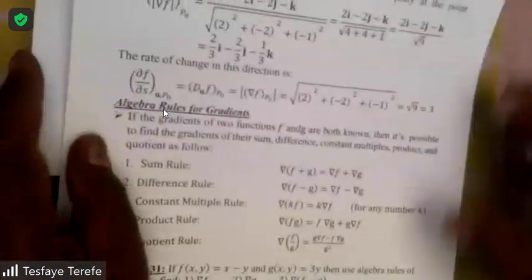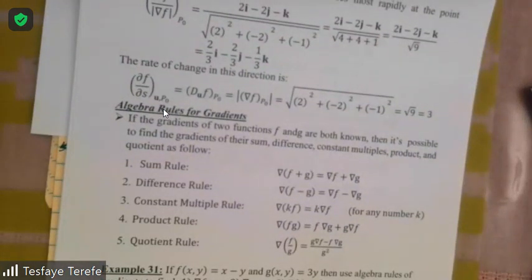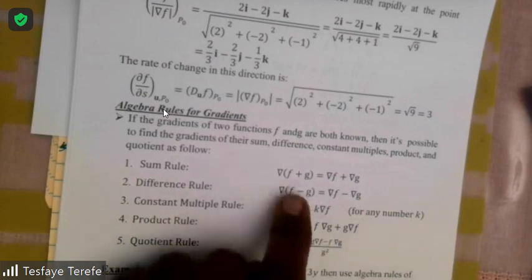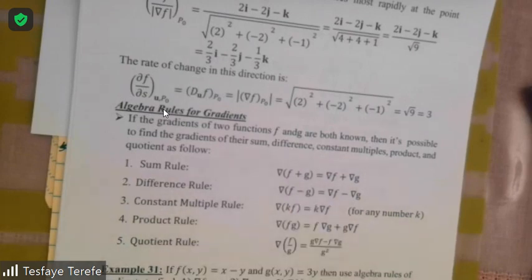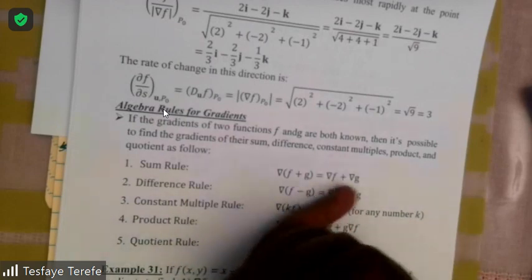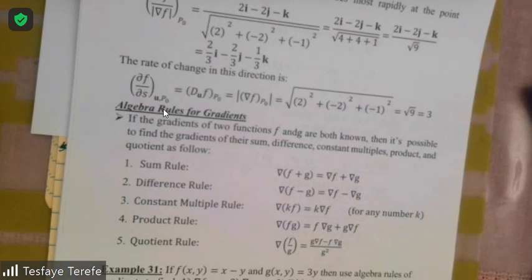So first, I want you to really remember the algebraic rules of gradient. If the gradients of two functions f and g are both known, then it's possible to find the gradient of their sum, difference, constant multiple, product, and quotient as follows. The gradient of a sum equals the sum of each gradient. And the difference also, you can calculate independently and subtract.